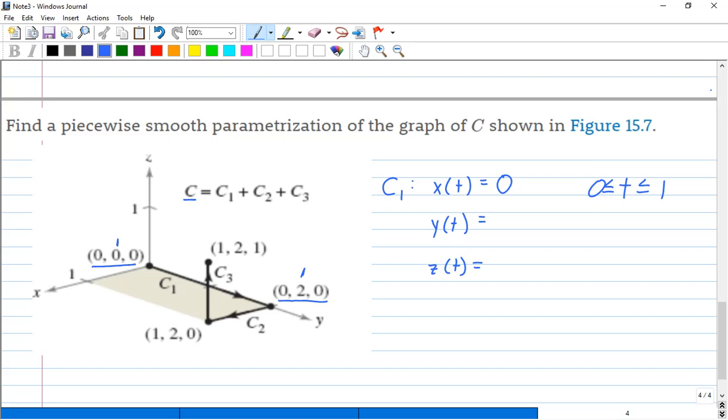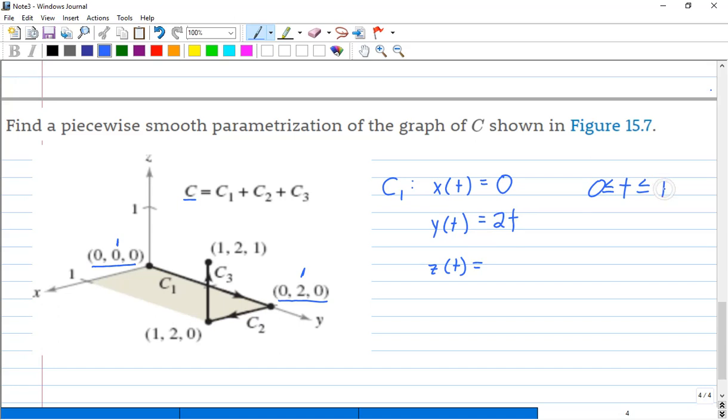So what kind of equation could I come up with that when I plug in a 0, I get out a 0, and when I plug in a 1, I get out a 2? Would that work for 2t? If I plug in a 0, I get out a 0.